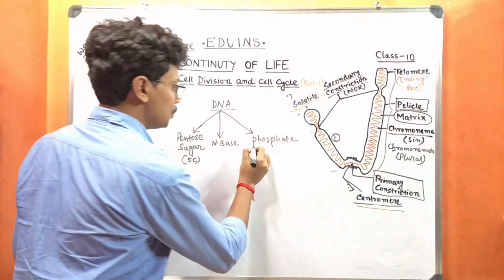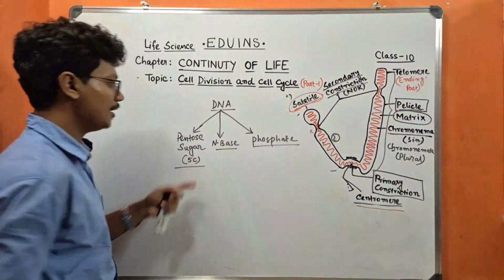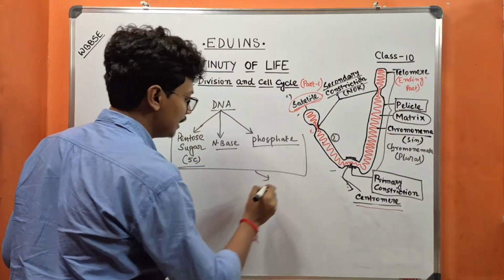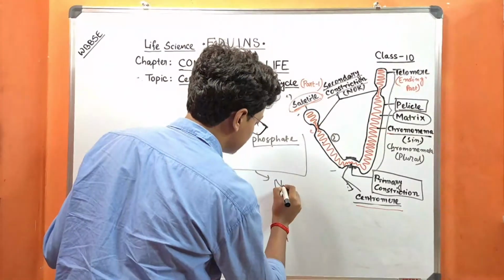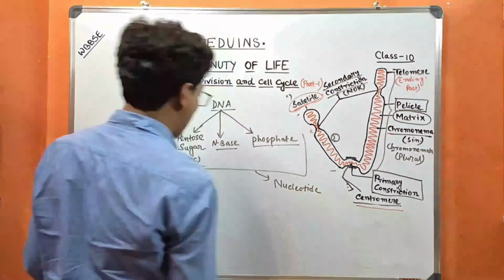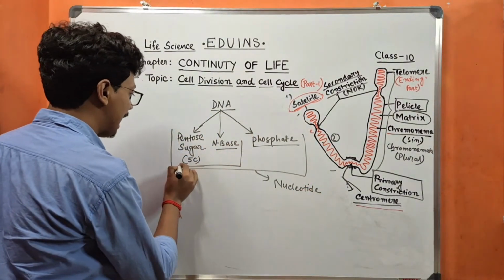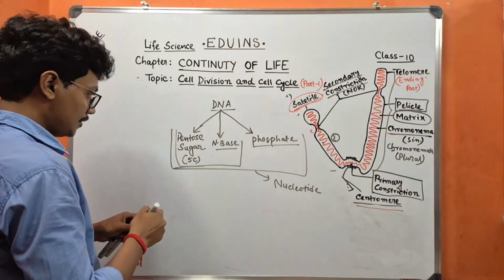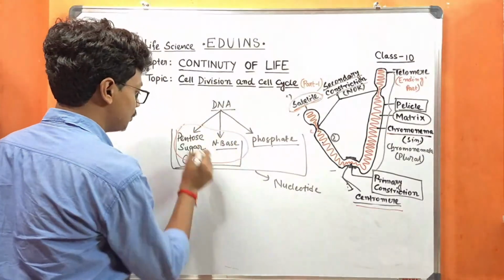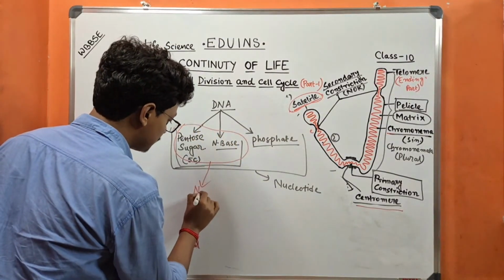So these are the three parts of the DNA, and these three are collectively called nucleotide. And this nitrogenous base and this pentose sugar are together called nucleoside.